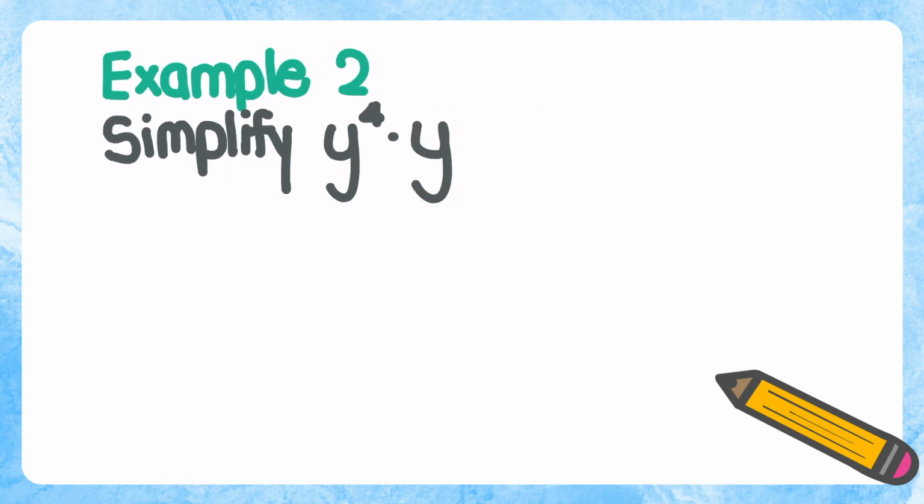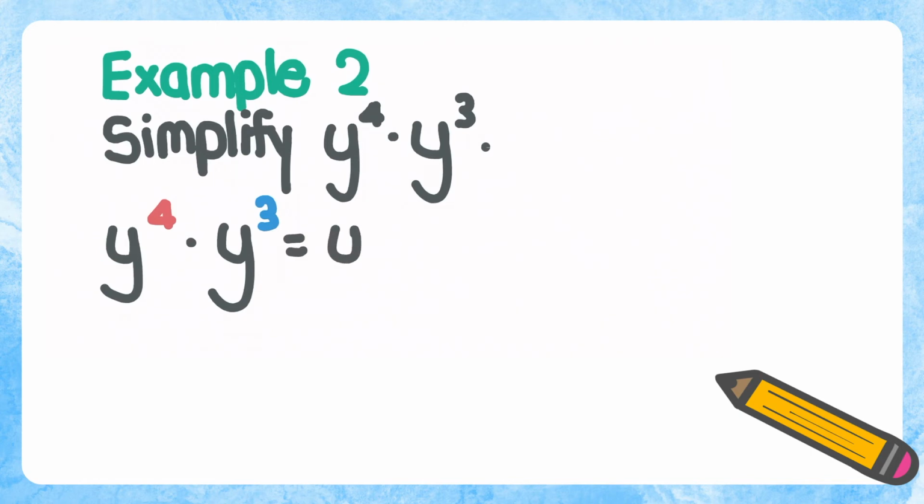Now let's try simplifying some variables. So simplify y to the power of 4 times y to the power of 3. So by using exponent rule number 2, we know that y to the power of 4 times y to the power of 3 is the same thing as y to the power of 4 plus 3.